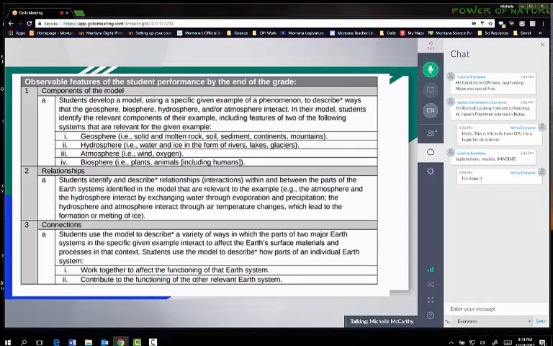For the relationships piece, I think you want to hear the kids talking about that or journaling about that or putting it in their notebooks, recognizing the relationships and the interactions between parts of the systems.